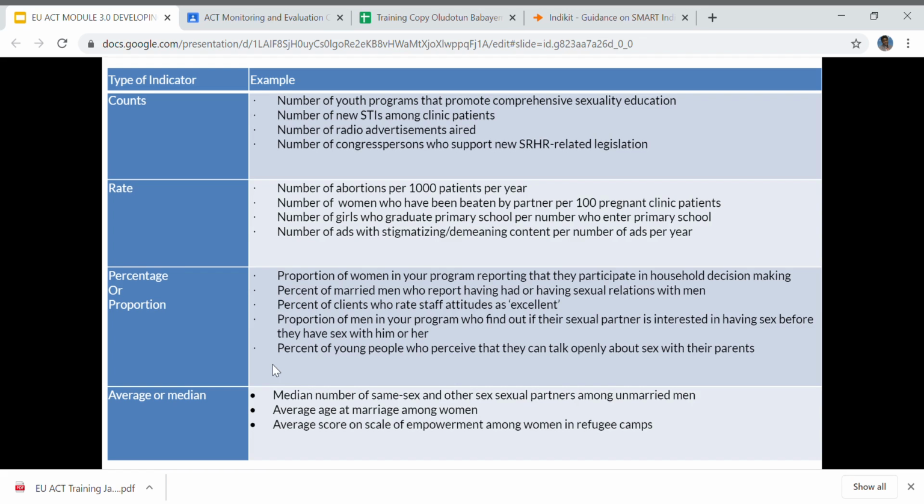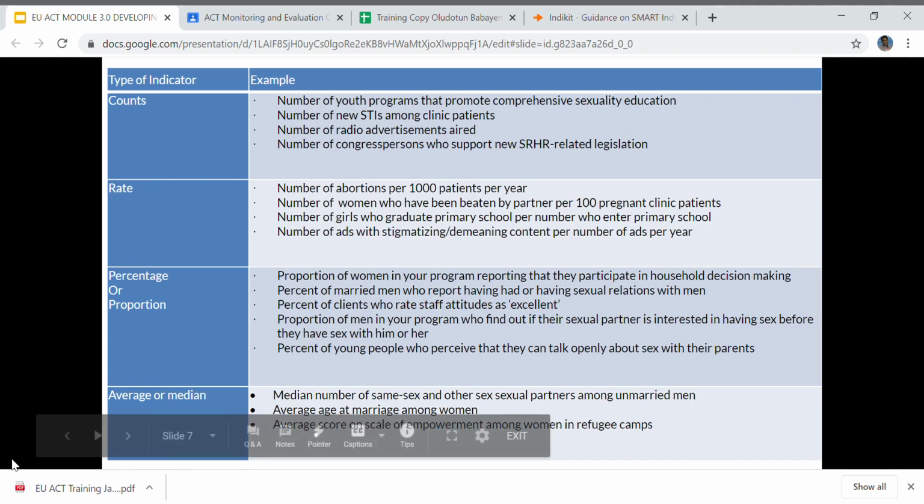So there are different types of them you can think about. Like I said, you can have them in counts. Counts means number.